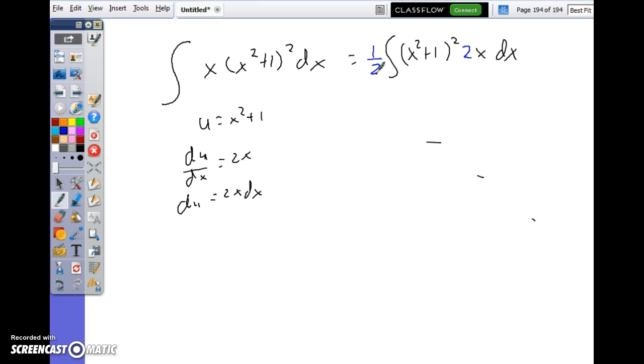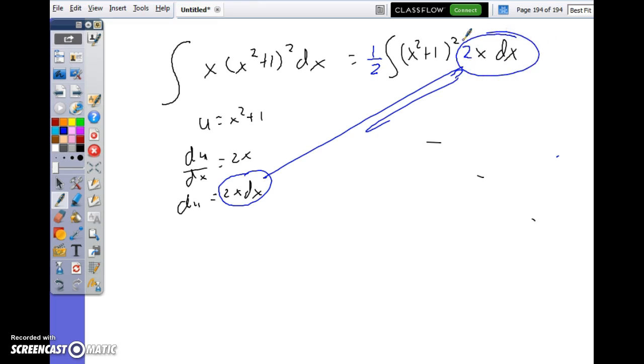Now again, it can be inside too. It doesn't change it. It'd be 1/2 u squared. That's okay too. I tend to just pull it all the way out just to give me one less thing to look at. I moved it so that I'm trying to make this look like this, so then I can rewrite in terms of u. Okay. So this becomes 1/2 the integral of u squared du, right?